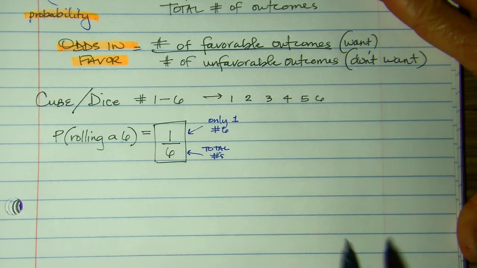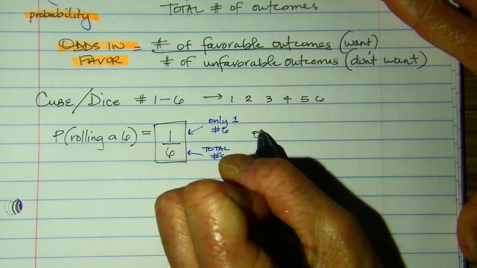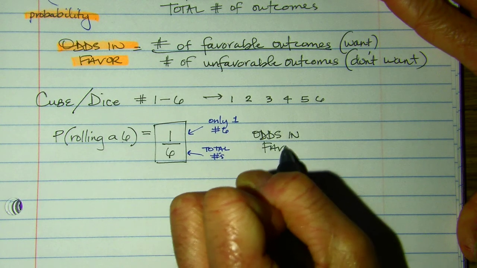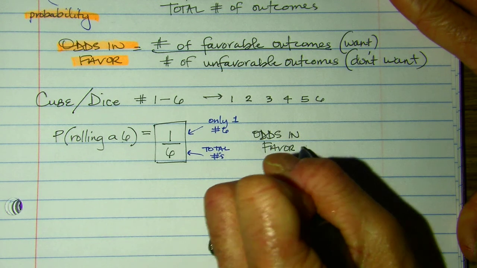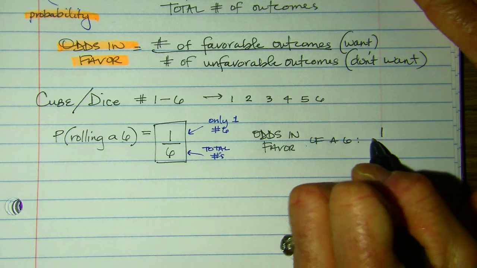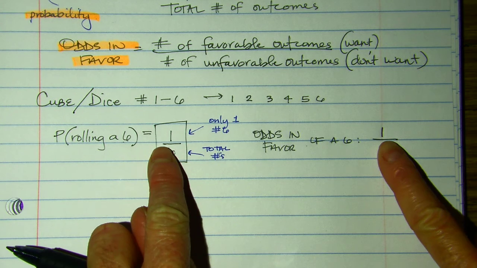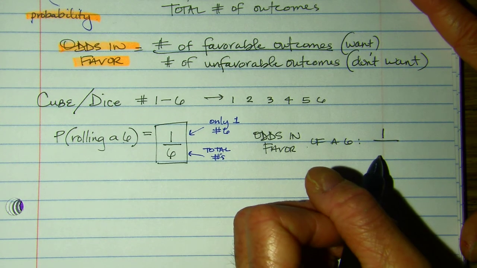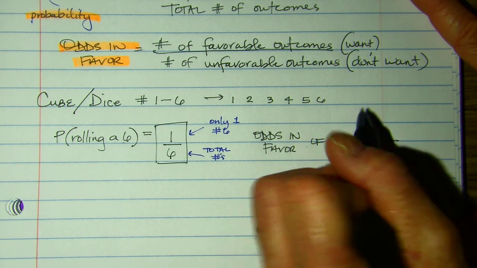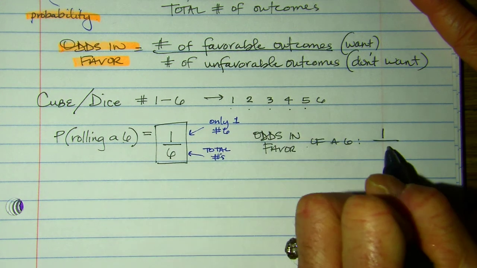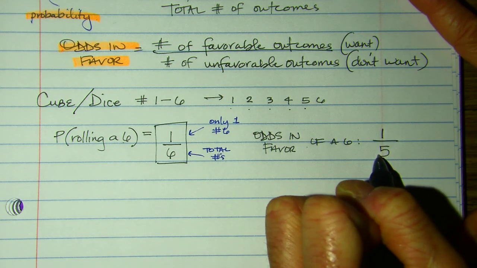Now I want to show you the difference. Odds in favor of a 6. There is one 6, so notice the top number is the same. But the bottom should be how many numbers are not a 6. So on the bottom, I'm looking at numbers 1, 2, 3, 4, 5. There are 5 numbers that are not a 6.